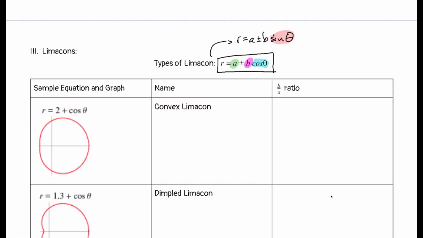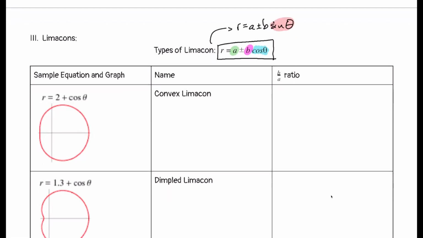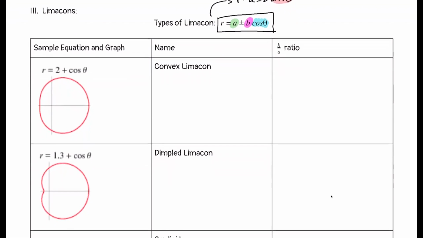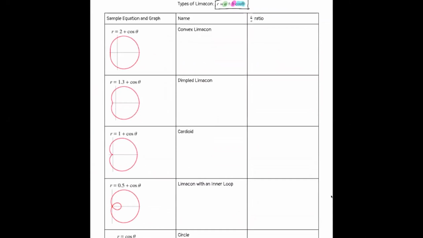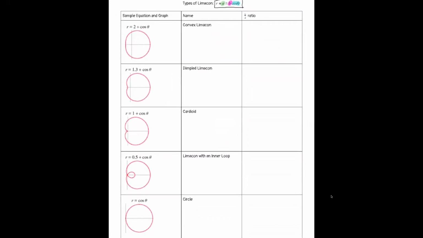So the shapes and the progressions are going to be the same, except they're all going to be symmetric about the y-axis. So what are all these shapes? Let me zoom in so we can see all 5 of them together.